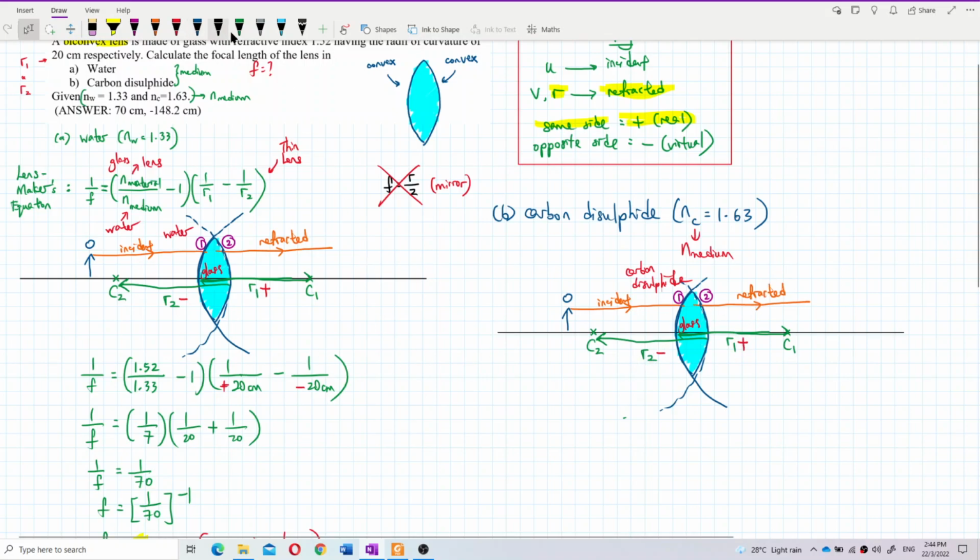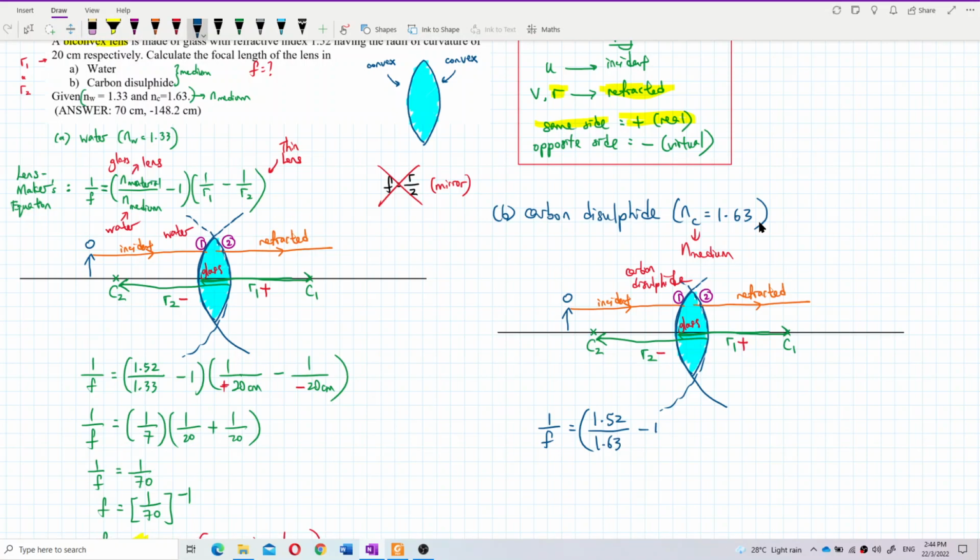So I still use the same formula, this Lensmaker equation, and I substitute the value. 1 over f equal to: this material is still the glass lens, 1.52, and the medium now is 1.63.